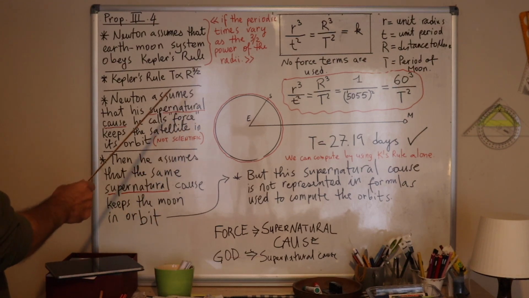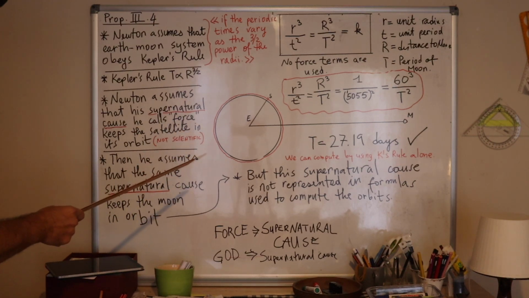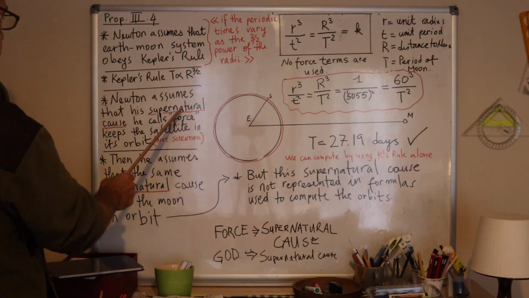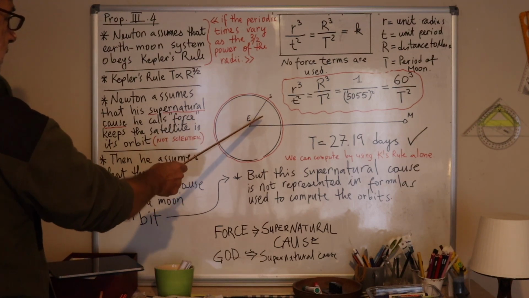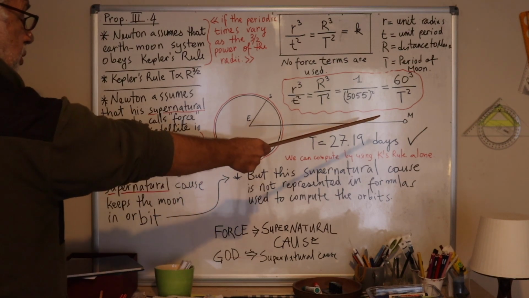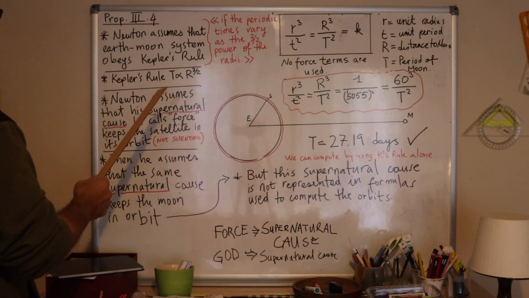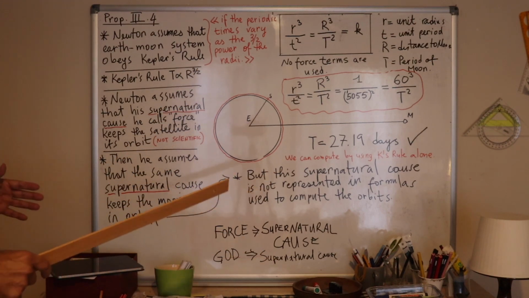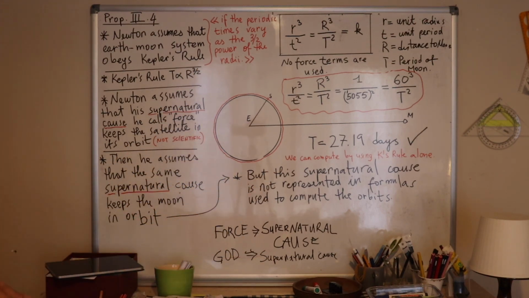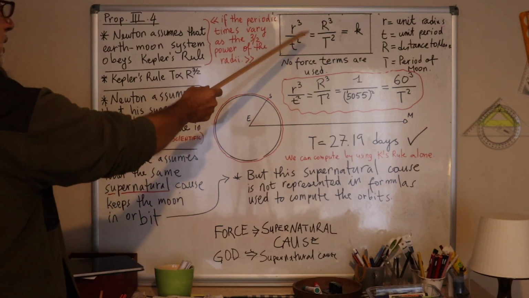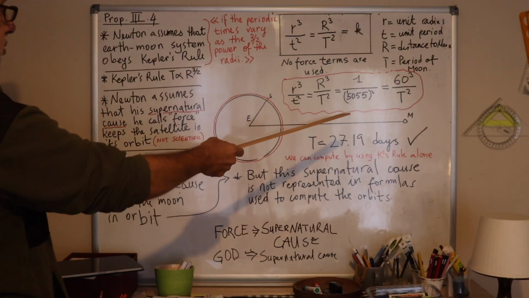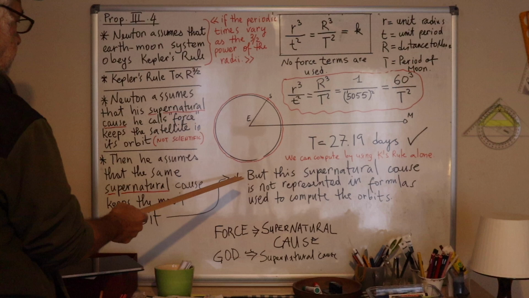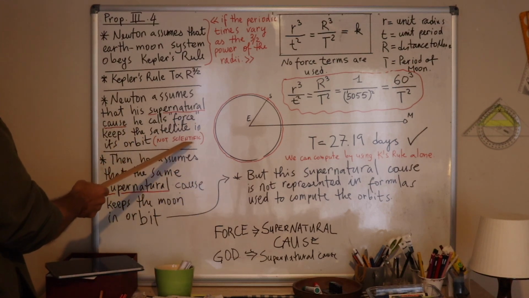So Newton pretends here to prove that his supernatural cause that holds the satellite in orbit also holds the Moon in orbit. And from this, we need to understand that the whole world is Newtonian and dynamical. But Kepler's rule says that this system is not dynamical, but kinematic. So this reasoning is not scientific.